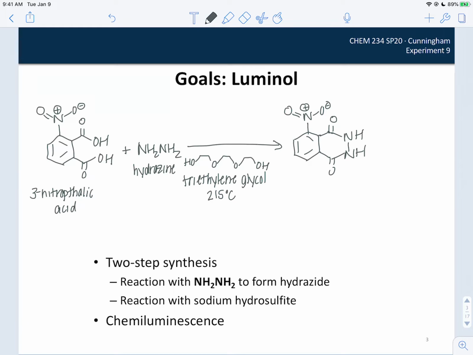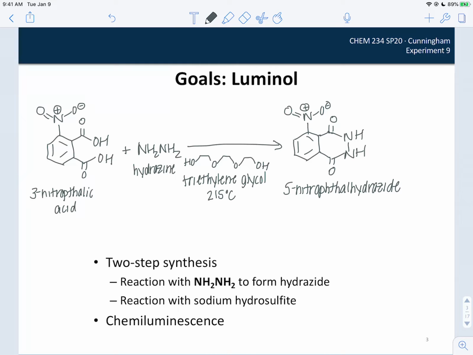And this is called 5-nitrophthalhydrazide. So that is our intermediate.